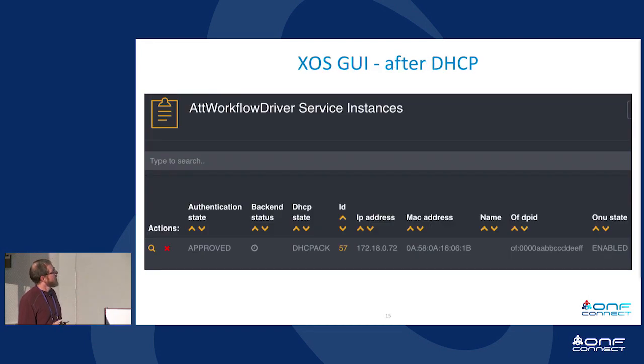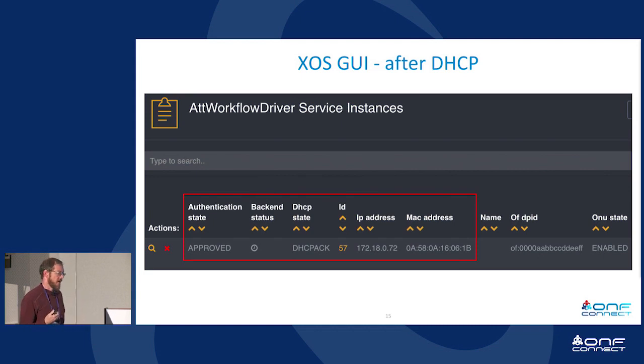Right, so DHCP succeeded, we can go back to the XOS GUI, and now we see that the DHCP state has changed to DHCP-ACK, and now we can see the IP address that has been assigned to the RG, and we also see its MAC address. There's a lot of other information in the XOS GUI that I'm not showing you.